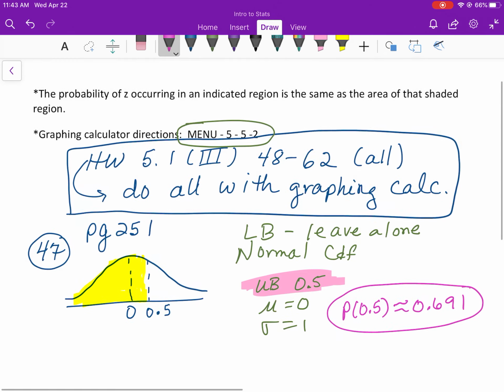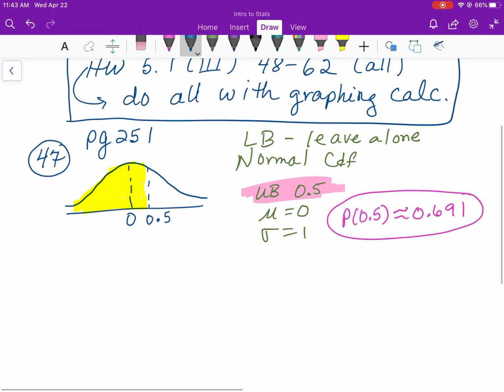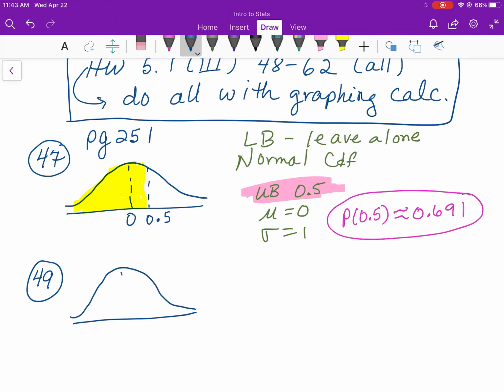Okay, number 48 or 49. I'm just going to show you some of these odds. If I want to go to the right, how am I going to do that on my calculator? Well, this one has a z-score of 1.645, and it's shaded on the right. So if I were doing this by hand, I would go to my table and I would have to subtract the area from 1 because I'm on the right side.